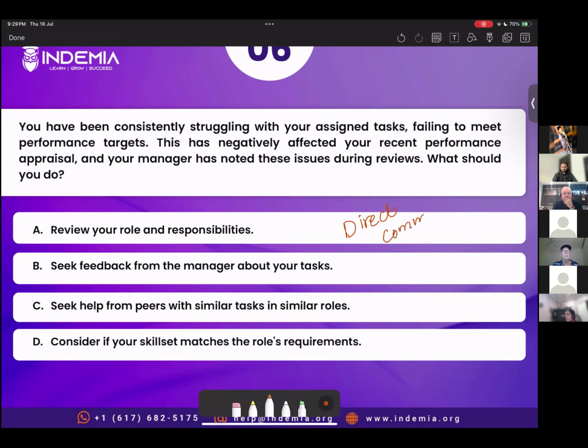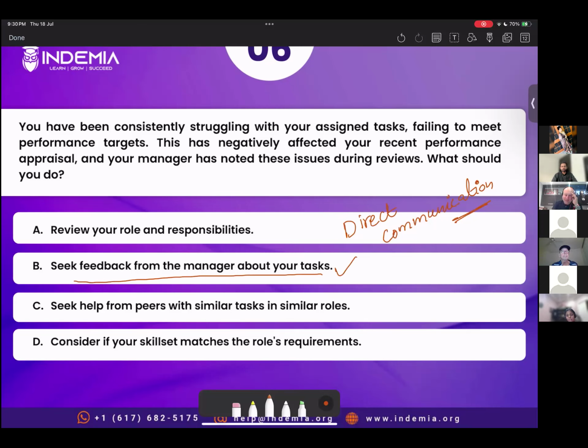So if your performance is not up to the mark and it has affected your recent performance appraisal, the best choice is talk to your manager, right? So the correct answer is seek feedback from the manager about your tasks, because they would be in the right position to tell you what's wrong and where you should focus on, what you can improve on, right?